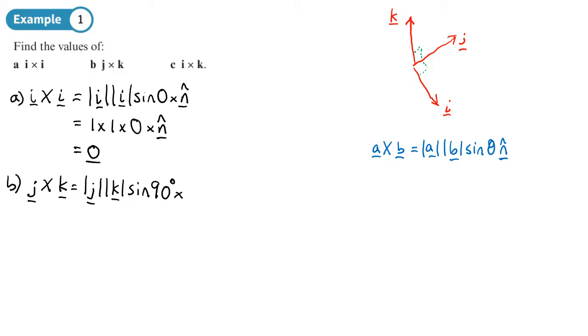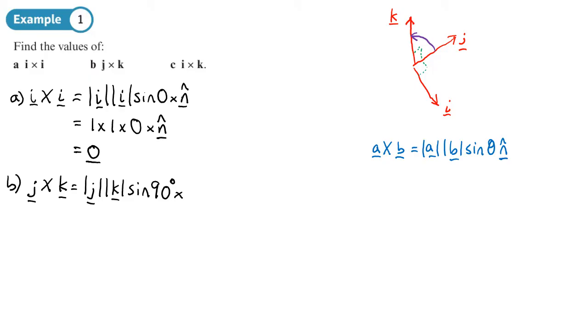Because it's J cross K, I'm going to draw it in purple here. We're going like this, that's the direction. J cross K will be measuring the angle in that direction. Using the previous diagram about the normal vector, the vector which is perpendicular to both, for J cross K, will be I.